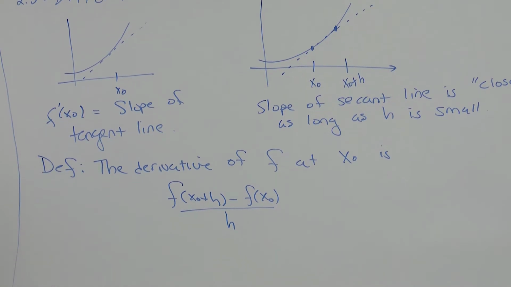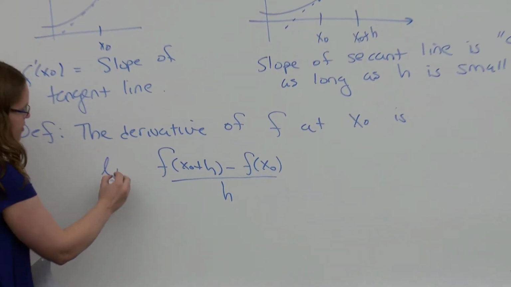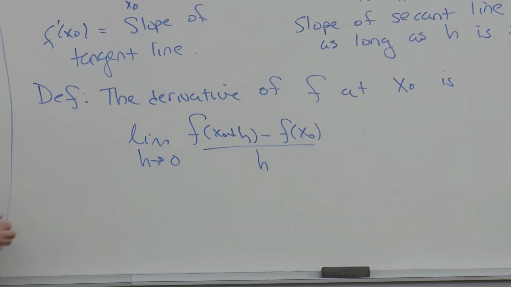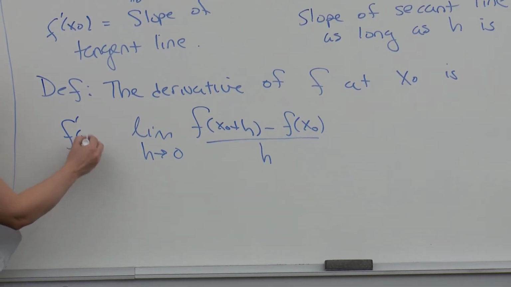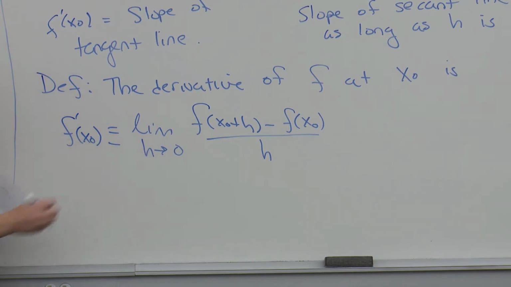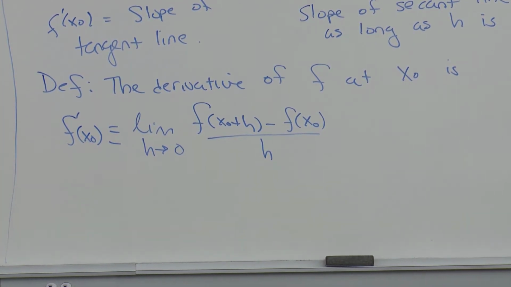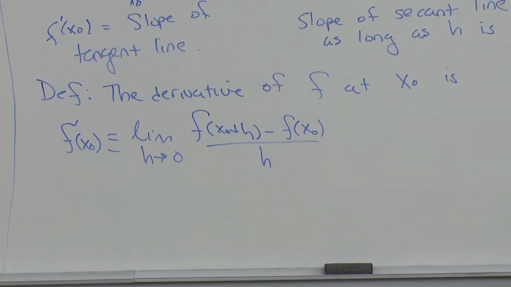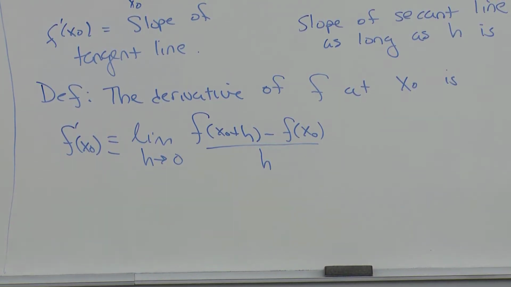And now we try to make h arbitrarily small. So we take the limit as h goes to 0. And we call this f prime, as long as this limit exists. This is our derivative.